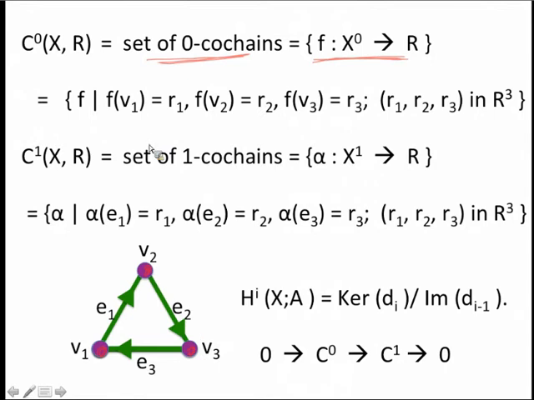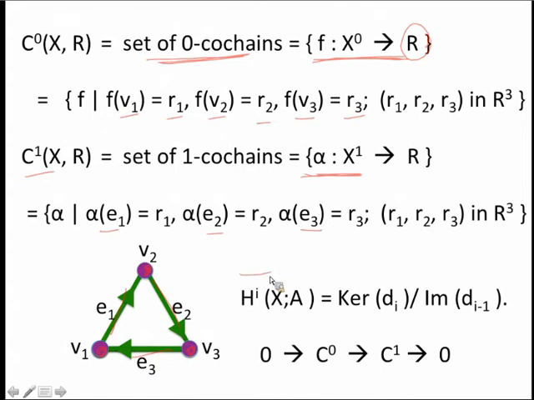So our function acts on these 3 vertices. So as soon as I specify where these 3 vertices go, then I know what my function does. So we just have to specify where the 3 vertices are sent in our ring. Same thing with C1, it's functions on edges. Well, in this example, I also have exactly 3 edges. So once I know where these 3 edges go, then I know what my function is.